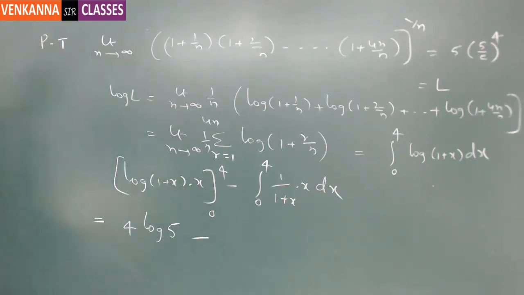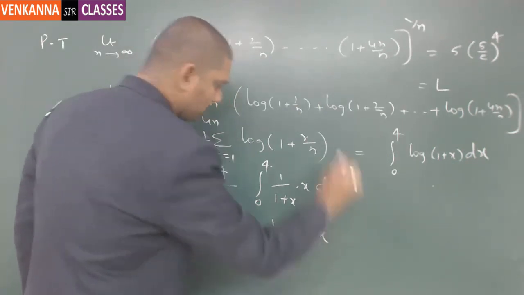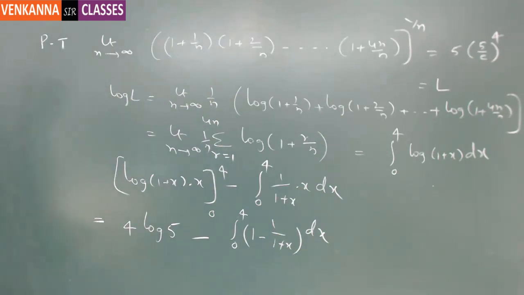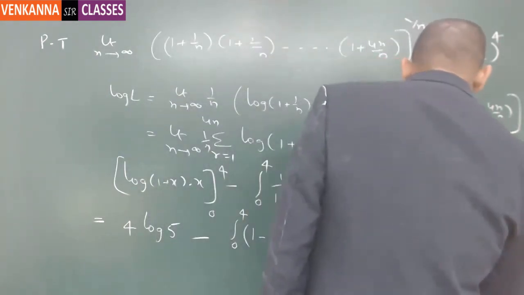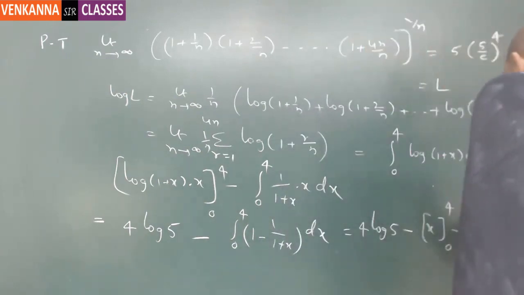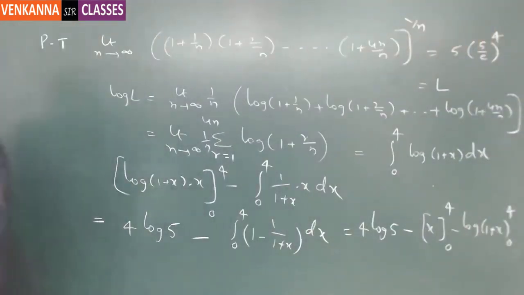And this value is equal to 4 into log 5 minus, so adding and subtracting 1 in the numerator, and since it is minus of, here you will get plus.